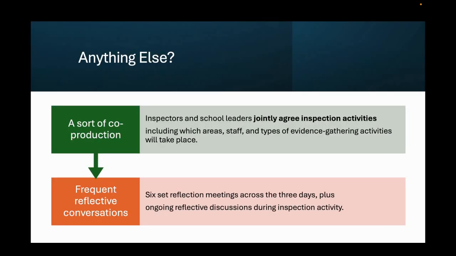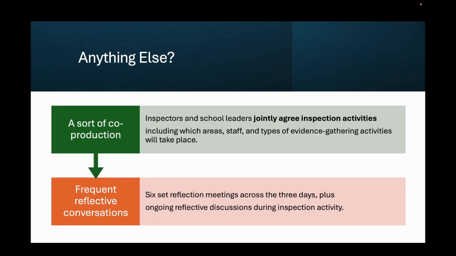Is there anything else that's different about the process? There is a sort of co-production. Inspectors and school leaders will jointly agree to inspection activities. I know that in the 2019 framework, during the preparation call, there is a discussion about which areas we choose for the deep dives, etc. But it seems there is a little bit more dialogue, more discussion in this new framework.